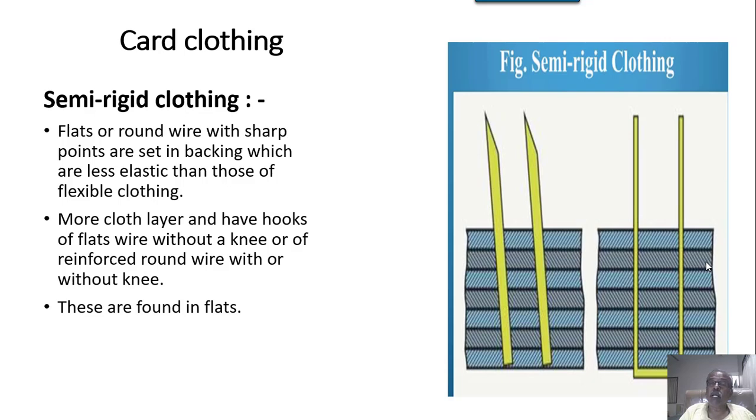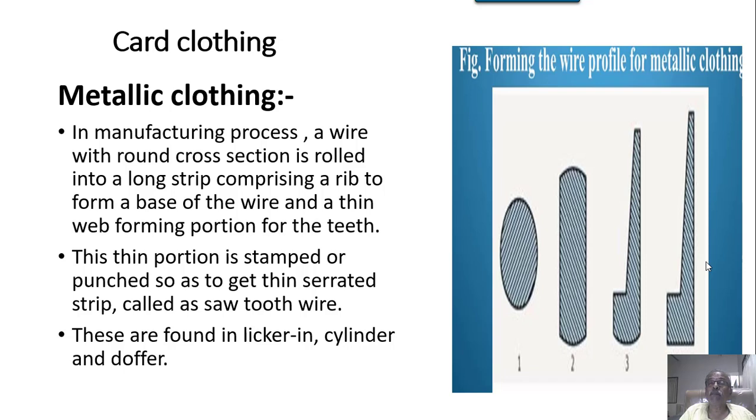Normally, as I have already stated, this is used for the flats, and then a very firm clothing of various kinds is utilized on Lickerin, cylinder and doffer, depending upon what kind of function they are supposed to perform. So their cross section, their height, their angle, their mounting, sharpness of the teeth, various aspects are related to this. So this is a topic in itself.